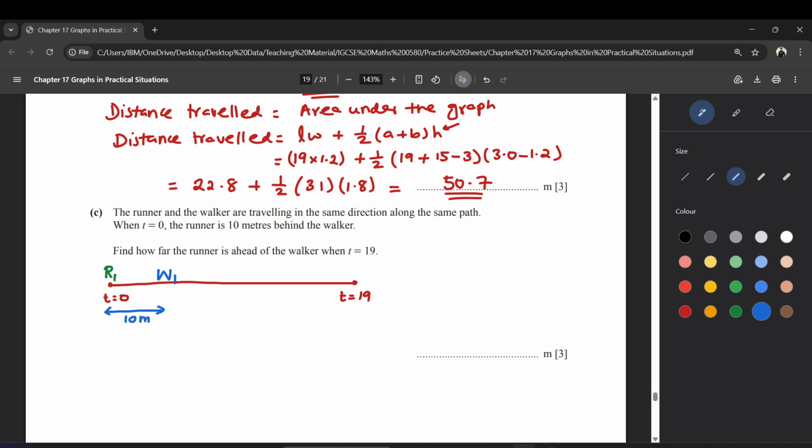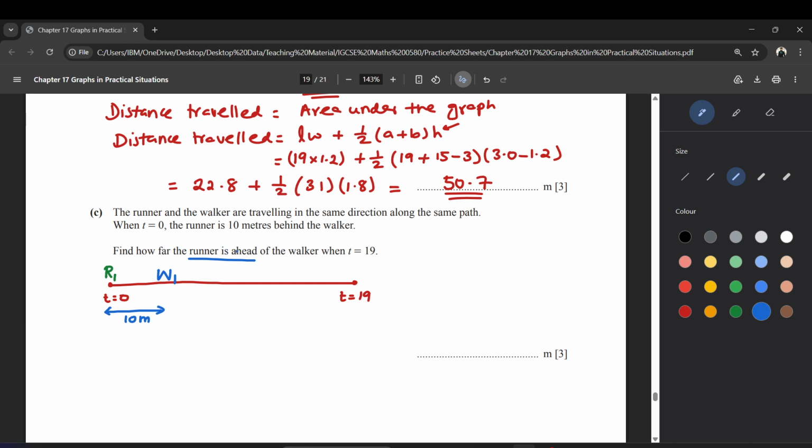And then it says find how far the runner is ahead of the walker when t equals 19.